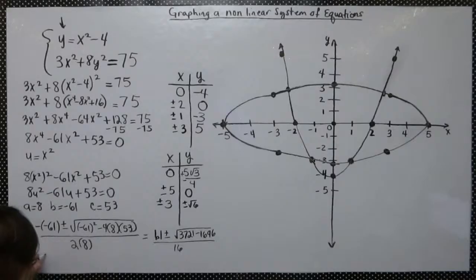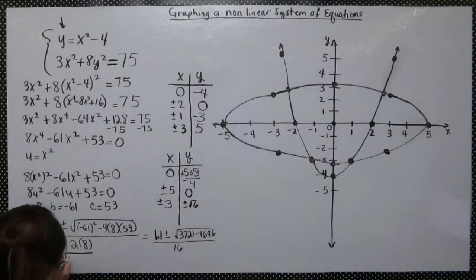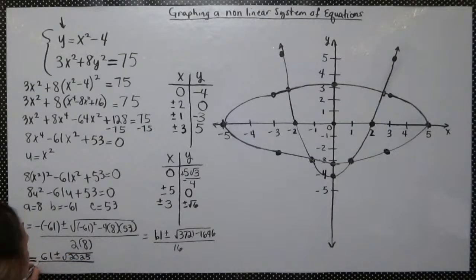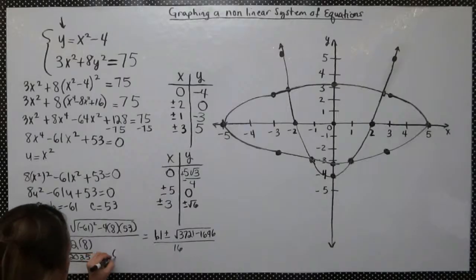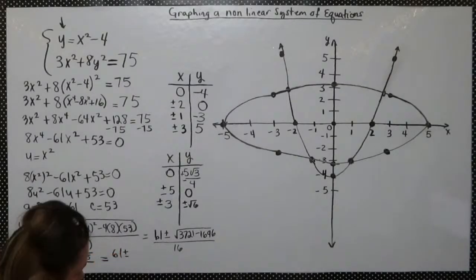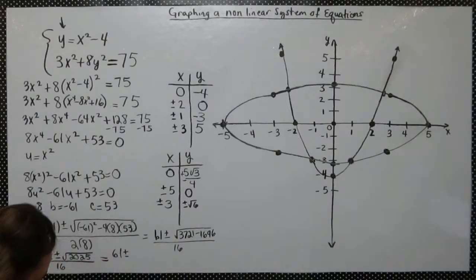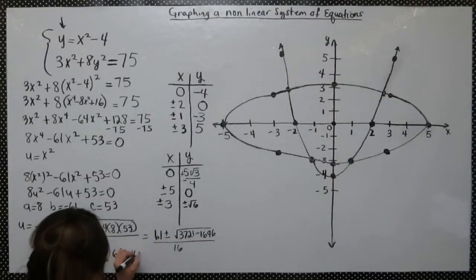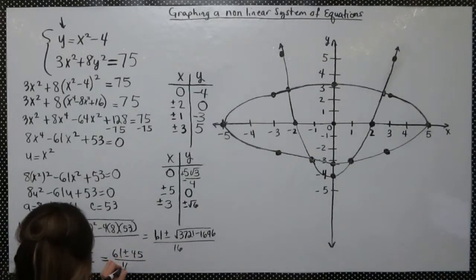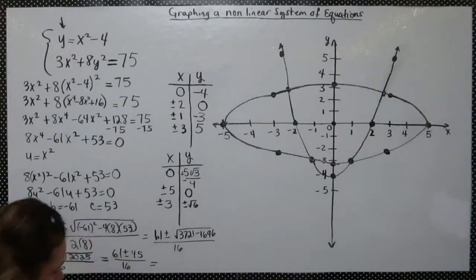Okay, so 61 plus or minus the square root of 2025, which I think might be a perfect square. And let's divide it by 16. 61 plus or minus. It is cool. So that's plus or minus 45 over 16. So we're almost there.